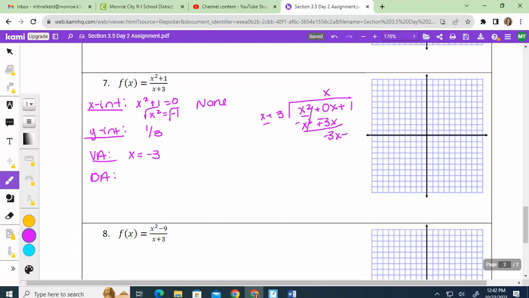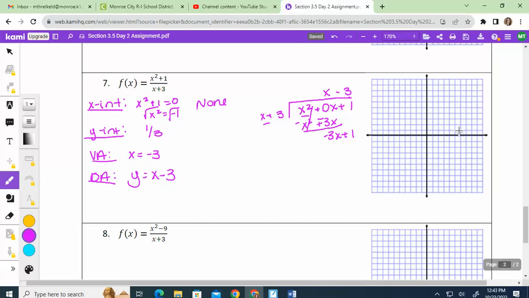Negative 3x plus 1. We are one step away because remember we don't need the full thing. We just need the line. So negative 3x divided by x is negative 3. So our oblique asymptote is y equals x minus 3.